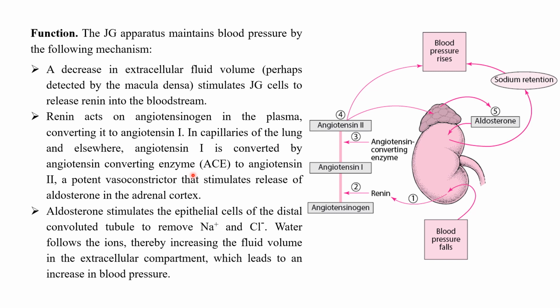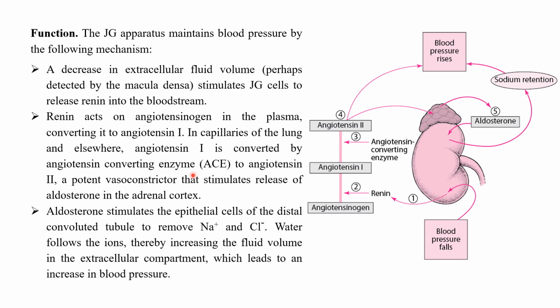And this angiotensin 2 is a potent vasoconstrictor. That means it has the ability to constrict the blood vessels, and it stimulates the release of aldosterone from the adrenal cortex as well. So when vasoconstriction takes place, the adrenal cortex will be stimulated to release aldosterone.